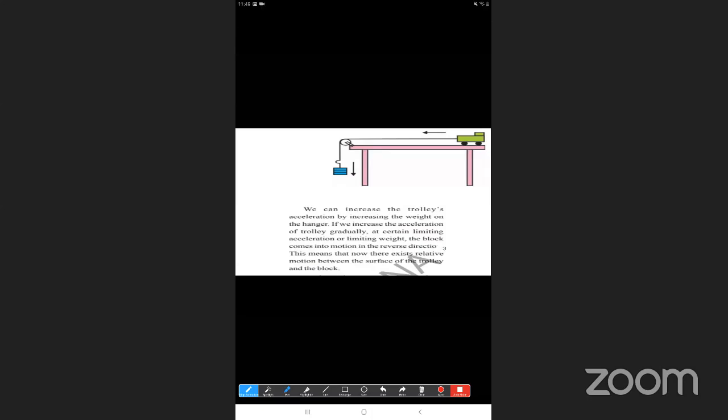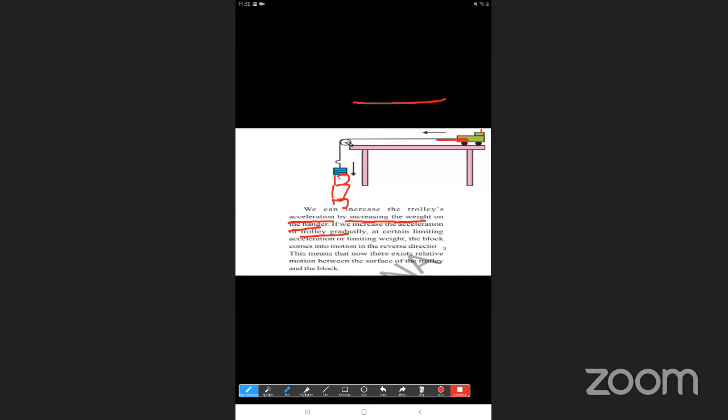So here we can increase the trolley's acceleration by increasing the weight on the hanger. Yes, when we increase the weights continuously, we can increase the acceleration of this toy trolley. So if we increase the acceleration of the trolley gradually, at a certain limiting acceleration or some limiting weight, the block comes into motion in the reverse direction.